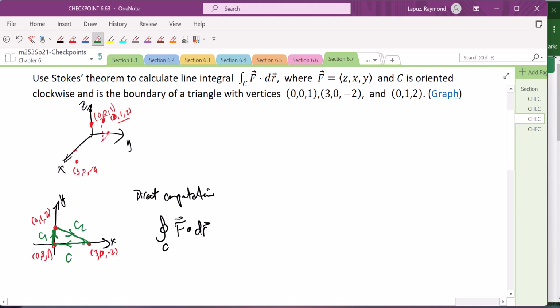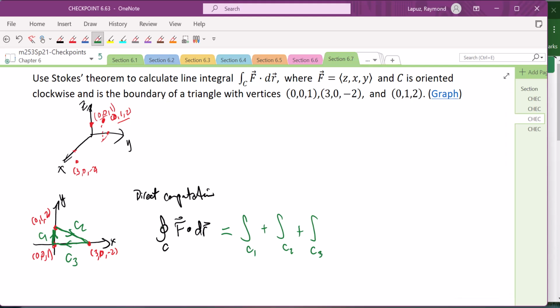Let's call them C1, C2, and C3. To do this direct computation, we have to do 3 line integrals and add them all up. These line integrals are not circulations anymore because the curves by themselves are not closed, but put them together and you form a closed curve, and that's how you get the circulation.